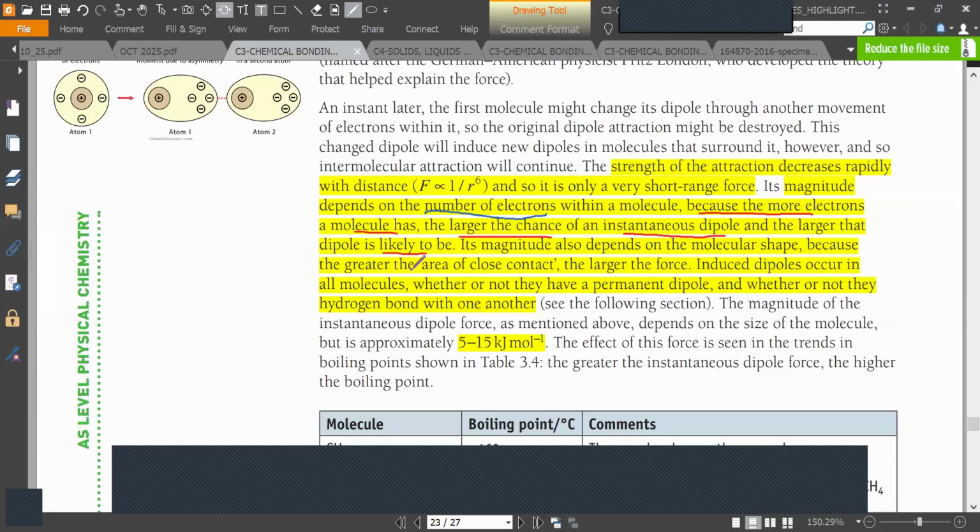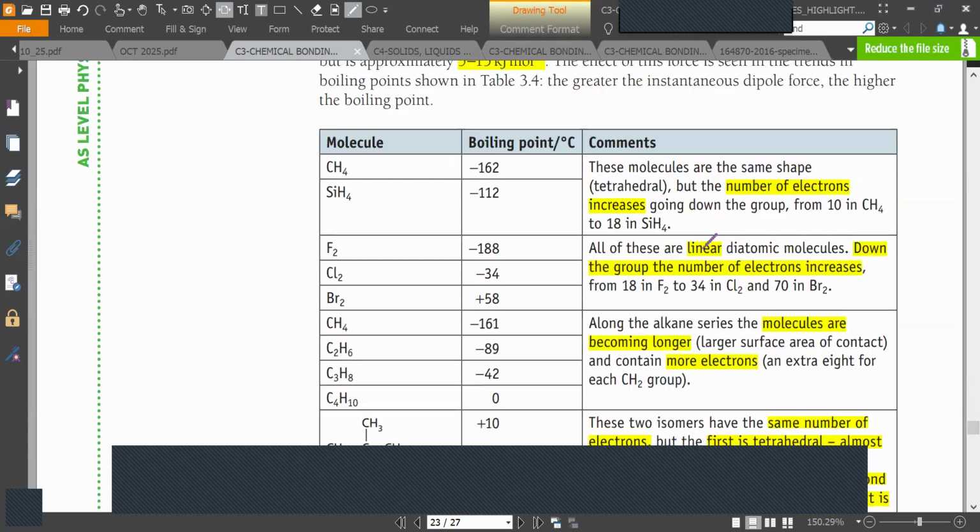When it has more electrons, it can have a bigger dipole. And other things like molecular shape also have an effect. So we can see here comparing fluorine, chlorine, bromine, the bromine will have the highest boiling point because the number of electrons increases.